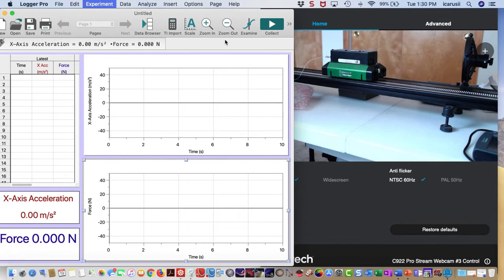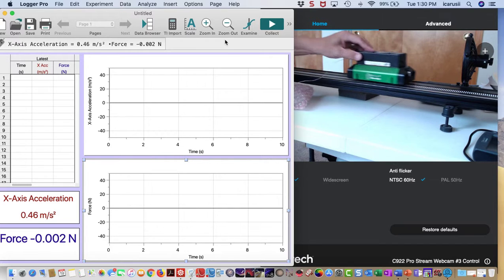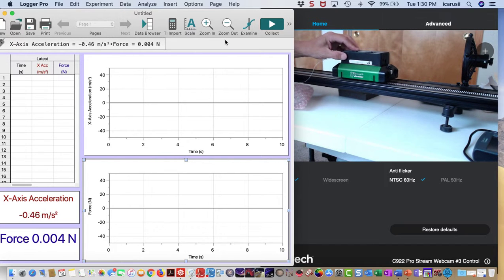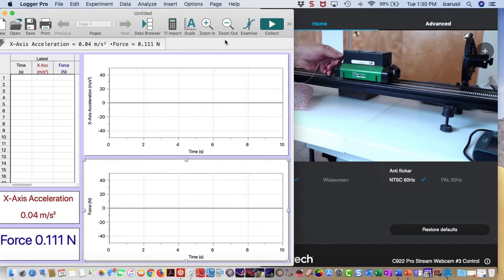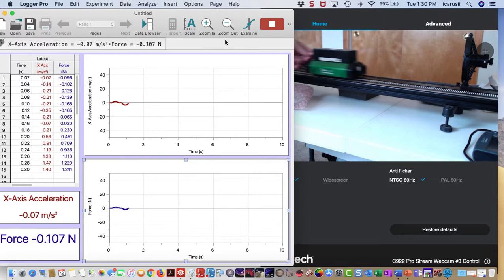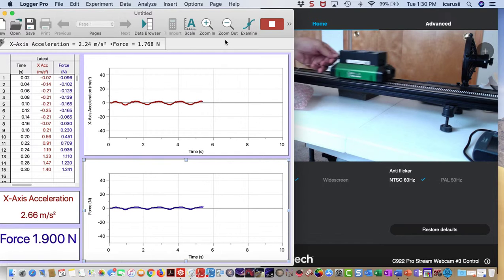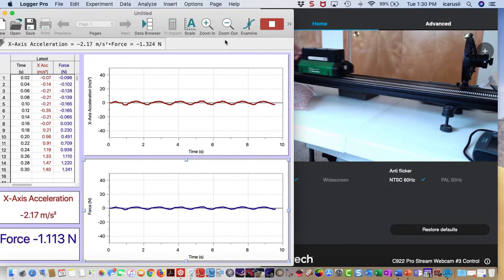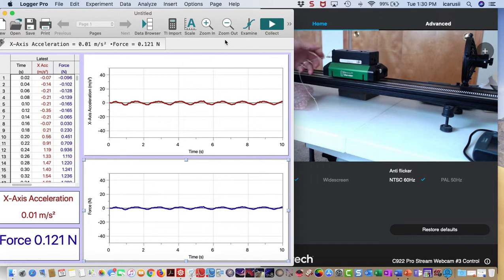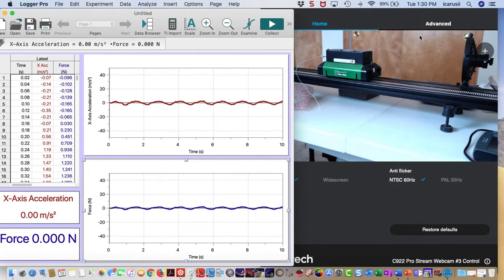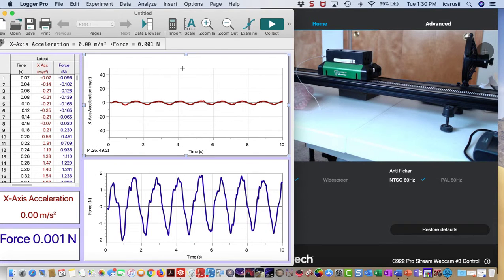Start with the first. Okay, there's my data, and this I'll call run 1.